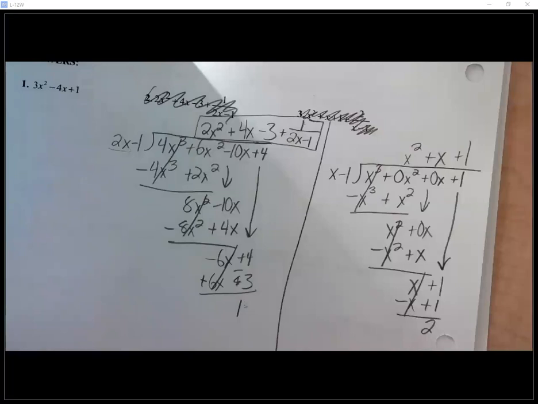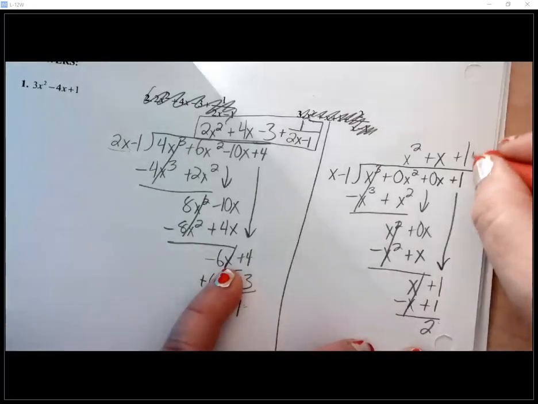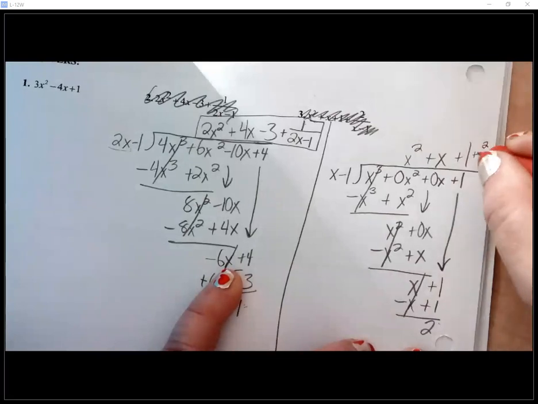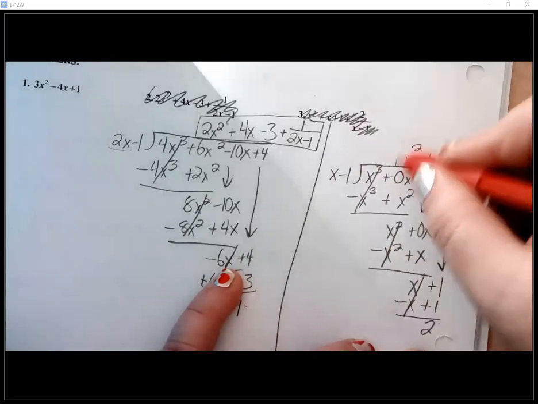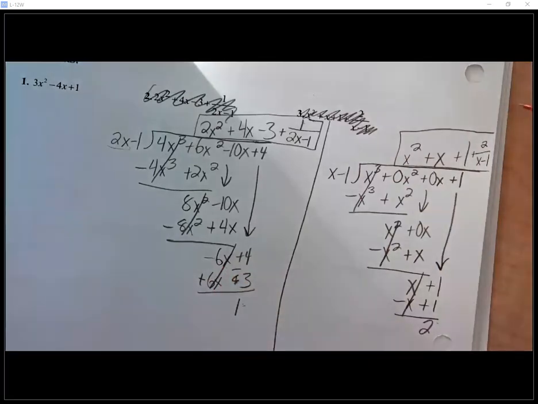Did you check your work against mine? So now I have a remainder of 2. So I need to just add on 2 over whatever I was originally divided by, x minus 1, and that whole thing becomes my answer. Ta-da! Isn't that fun? See, that's not so bad. I knew you'd like that.